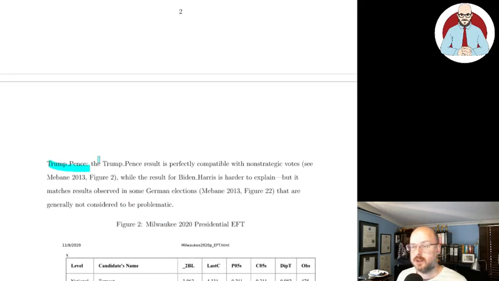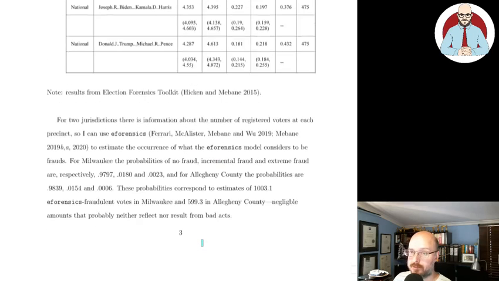The Trump-Pence result is perfectly compatible with non-strategic votes. See Mebane 2013, Figure 2. While the result for Biden-Harris is harder to explain, it matches results observed in some German elections, Mebane 2013, Figure 22, that are generally not considered to be problematic.